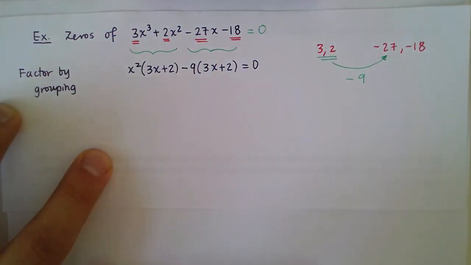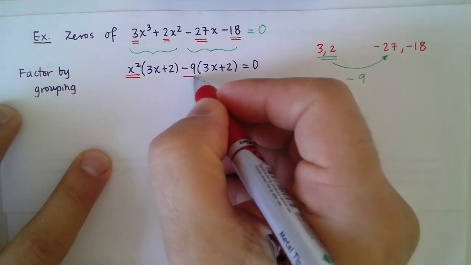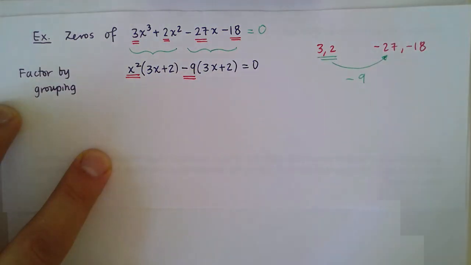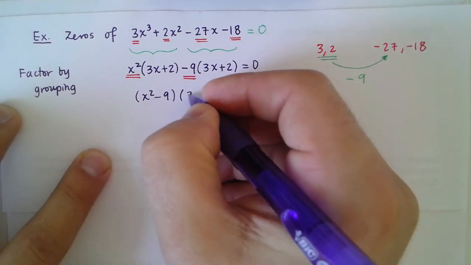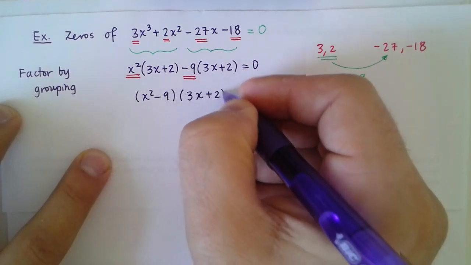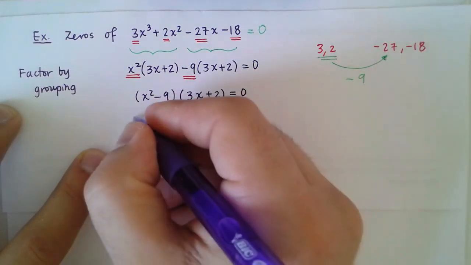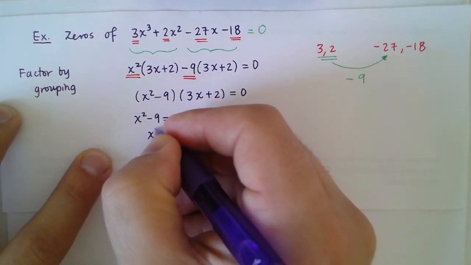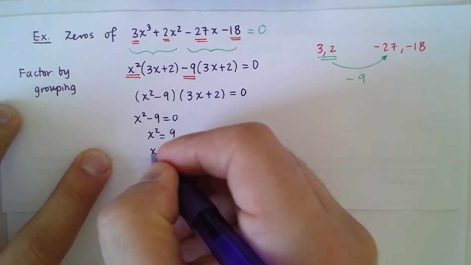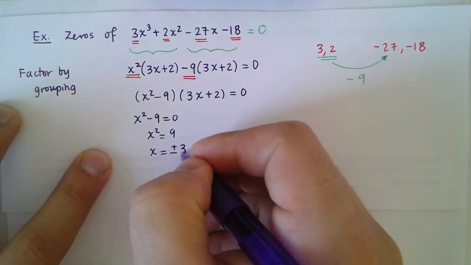Because this time you will take out an x squared and -9. So that becomes x squared minus 9 multiplied by 3x plus 2 equals 0. So we have x squared minus 9 equals 0. x squared equals 9, or x equals plus or minus 3.